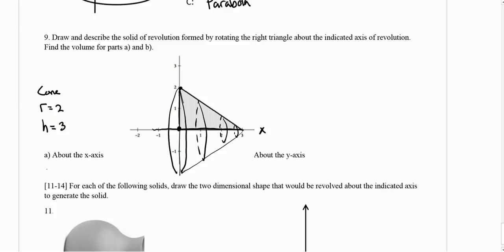And so we can say the volume is 1/3 pi r squared times the height, which is going to be 4 pi.